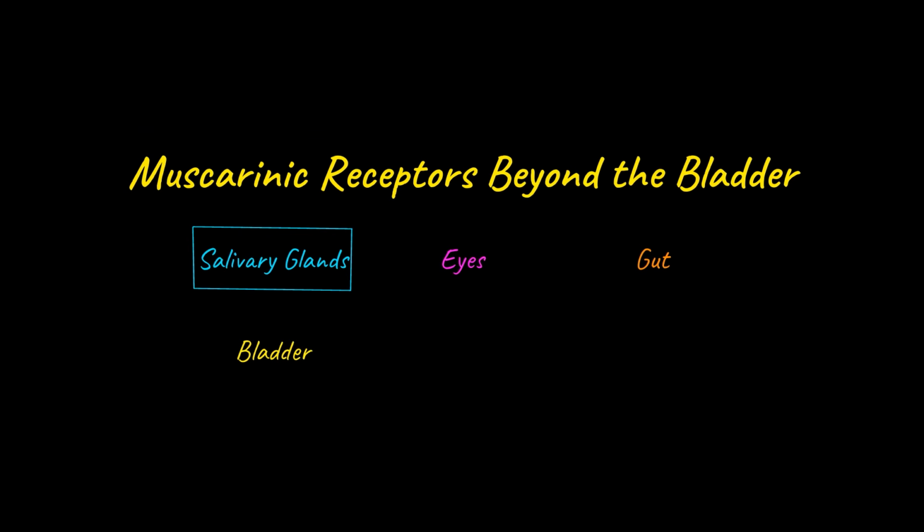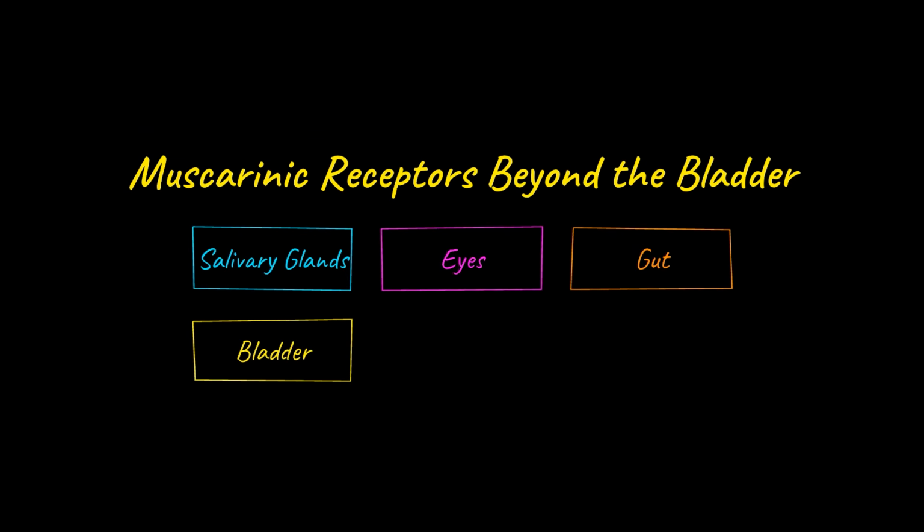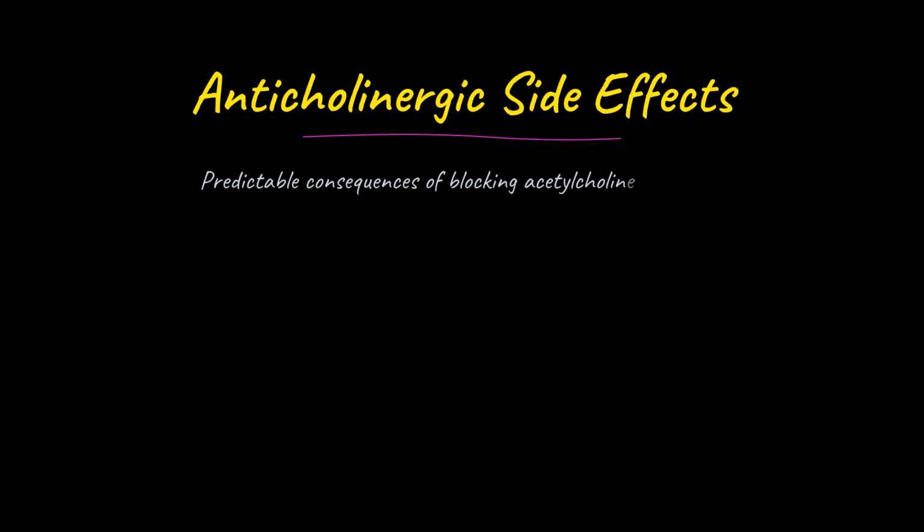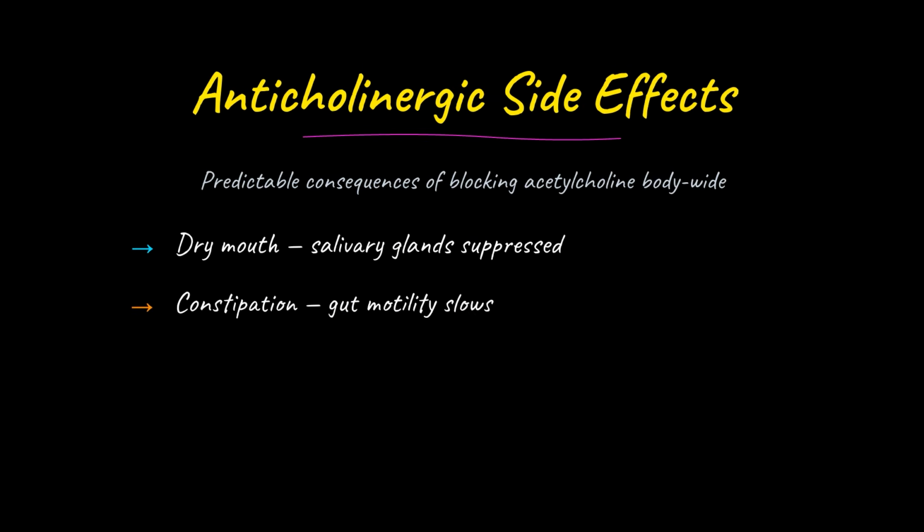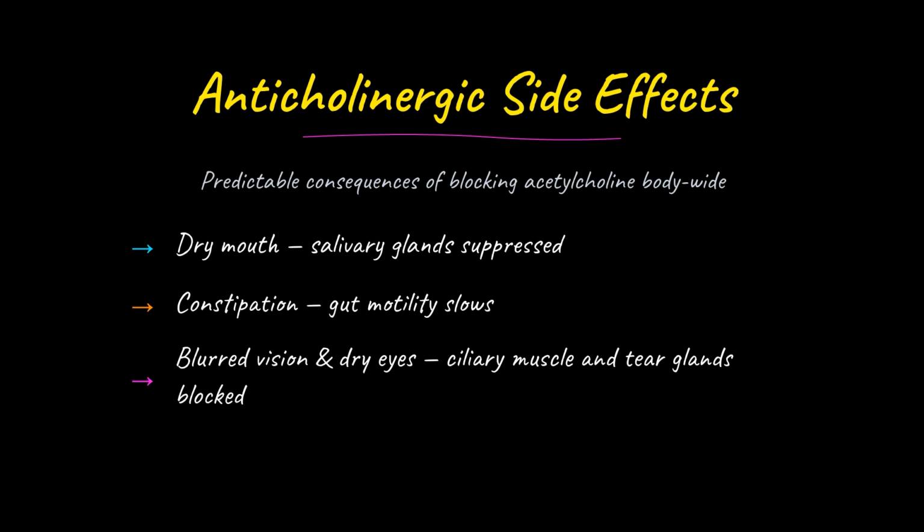The problem is that muscarinic receptors aren't found only in the bladder. They sit in the salivary glands, the eyes, and the gut as well. A drug taken by mouth reaches all of them equally. By blocking acetylcholine everywhere, oxybutynin dampens the entire rest and digest network. The result is dry mouth, constipation, blurred vision, and in older adults, confusion.